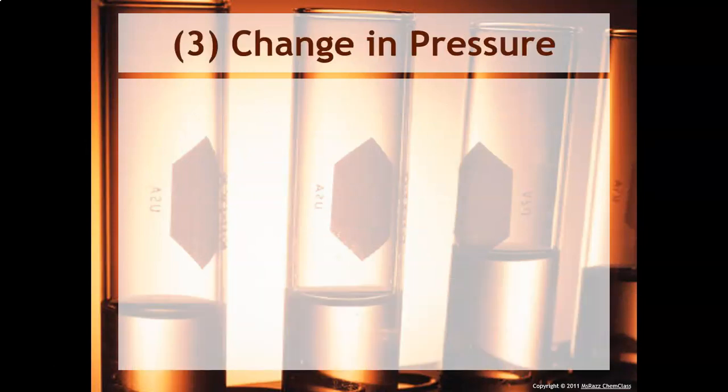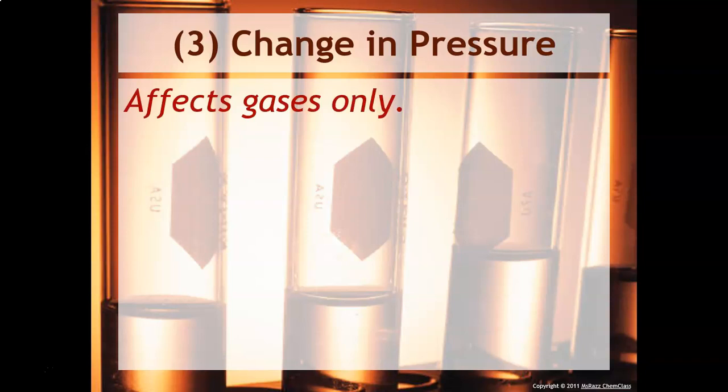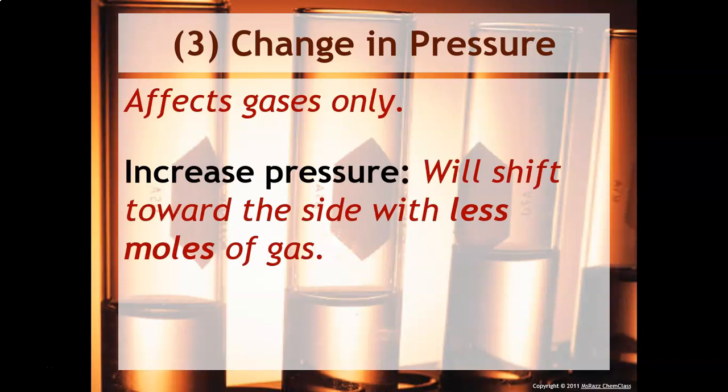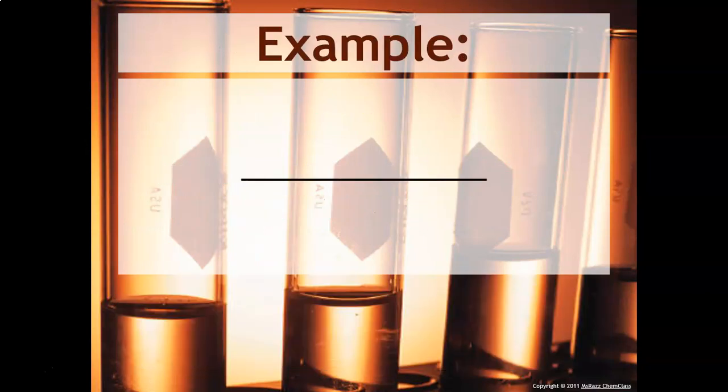Let's talk about changes in pressure. We can change the pressure of gases only. So if your reaction doesn't have gases in it, then guess what? It's going to have no change. If we see an increase in pressure, it's going to shift towards the side with fewer moles of gas. That means you'll have to count how many moles you have in the balanced chemical equation.